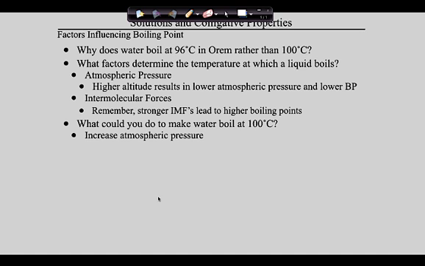It goes up to 100. But guys, that doesn't really answer our question. One of the things we could do, and you should write this down because technically it's true, we could make the water's boiling point go up by decreasing the elevation, take it down to sea level. The problem is then it's not really in Orem anymore, and that doesn't really meet the question.